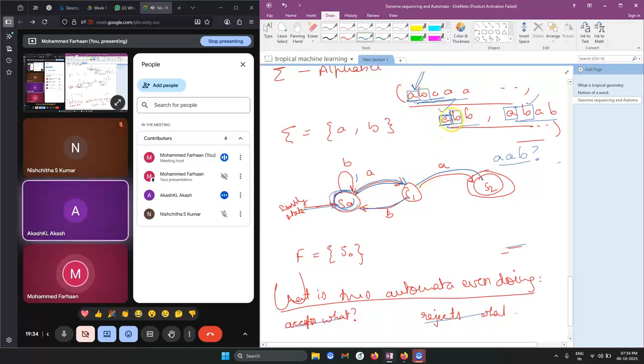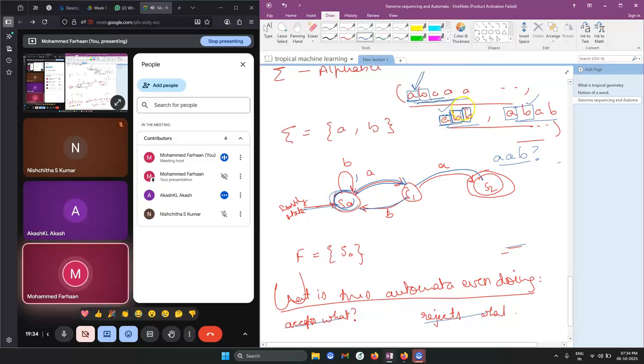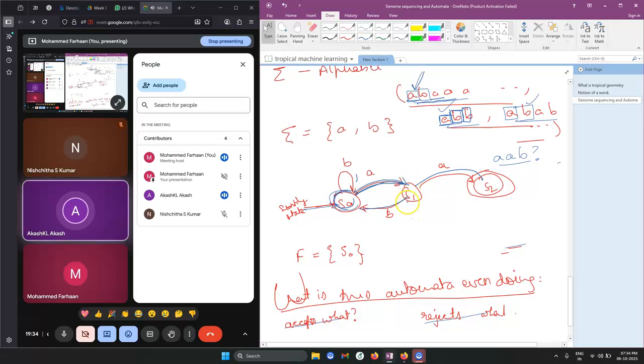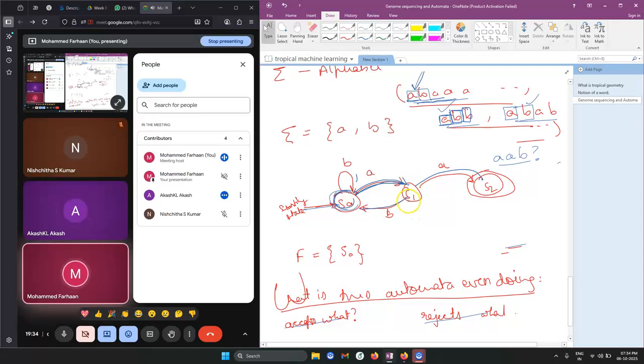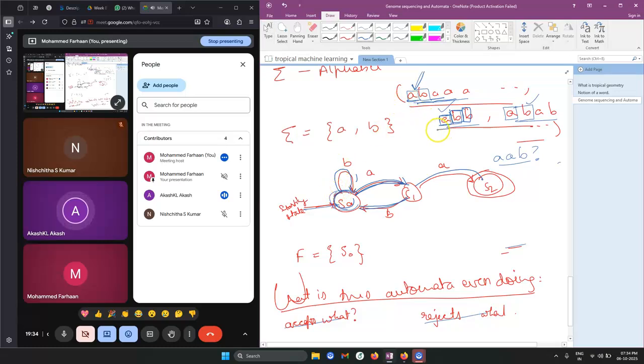Similarly, let's take A, B, B. So first we go S0 to S1 with an A. Then we go S1 to S0 with a B. Then we go S0 to S0 with the same B. And our word is finished.